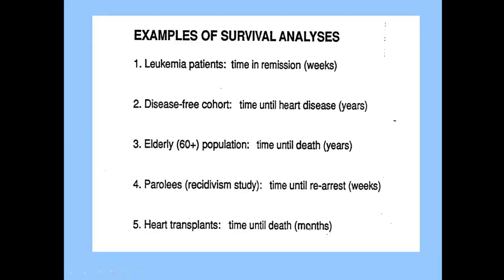And then, of course, another example that we're going to talk about a couple of weeks from now is heart transplants. Time until death. You've got people who have a serious heart problem, and they become eligible to be put on a list to get a heart transplant.